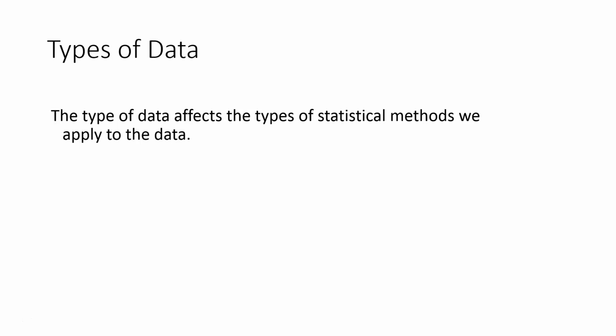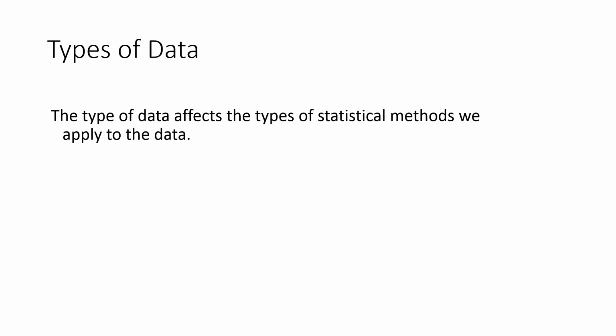So, next let's talk about different types of data. This is going to be very important for us because part of our job the rest of the semester is to identify, when you look at data, what's the best procedure, the best kind of methods to use on the data.